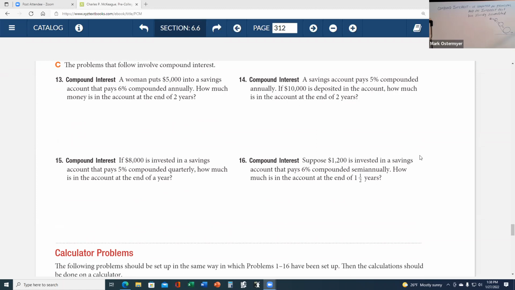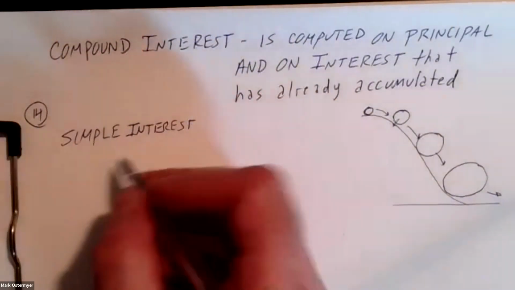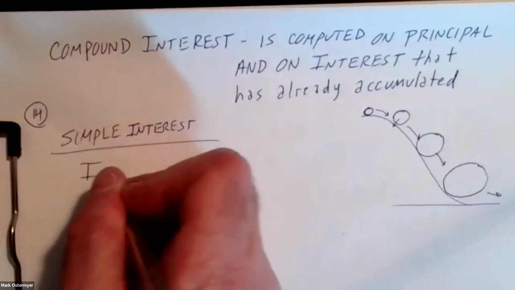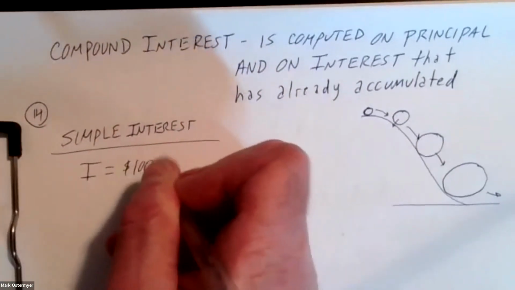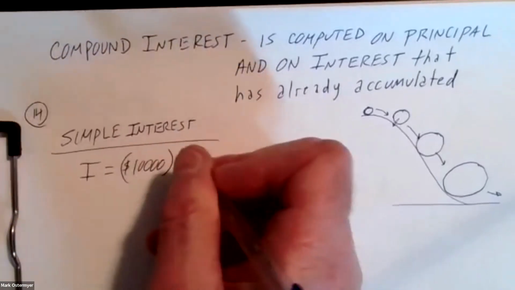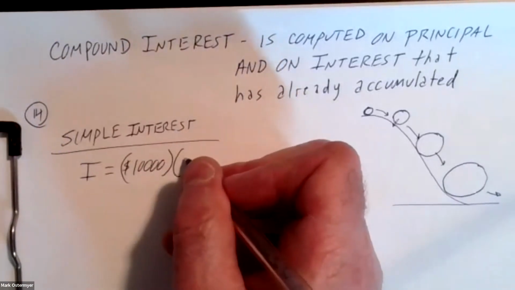Okay, if this was just simple interest, ladies and gentlemen, problem number 14 would be pretty simple. Do you agree? It would be nothing more than what? The amount of interest earned, if it was simple interest, would be equal to the principal, which is $10,000, times the interest rate, which is what? Was it 5%?